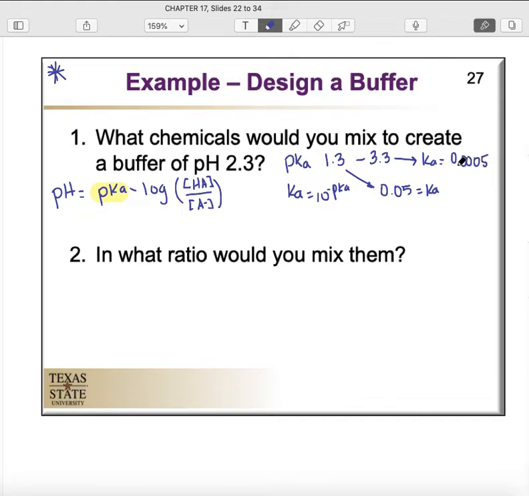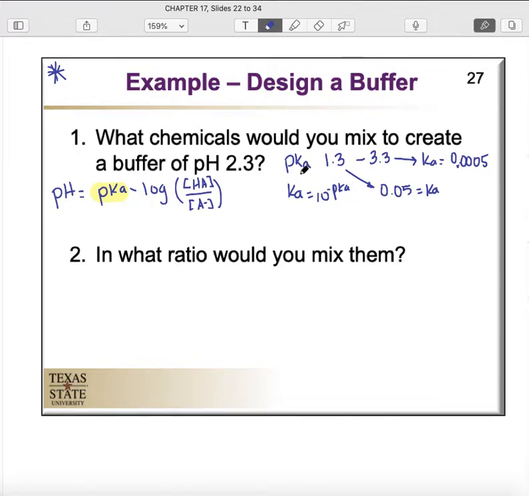So basically I need a weak acid that has a Ka in this range, 5 times 10 to the minus 2 to 5 times 10 to the minus 4, and ideally as close as possible to the Ka for 2.3. So what you need to do now is go to a table that lists various weak acids with their respective Ka and find a weak acid that is in this range.